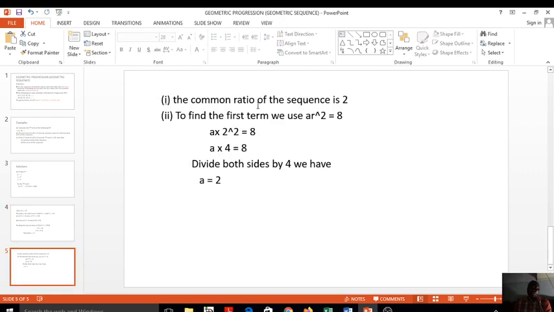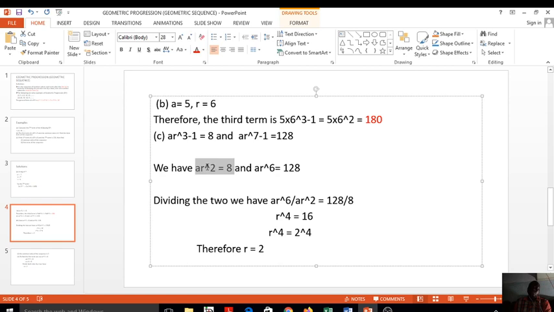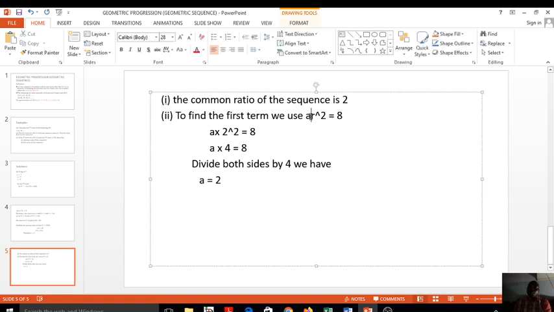That is why the common ratio of the sequence is 2. To find the first term, we can use either of these two equations, ar to the power 2 equals 8, or ar to the power 6 equals 128. But we're going to use the simpler one, ar to the power 2 equals 8. Where there is a, we don't know it; that's what we want to find.